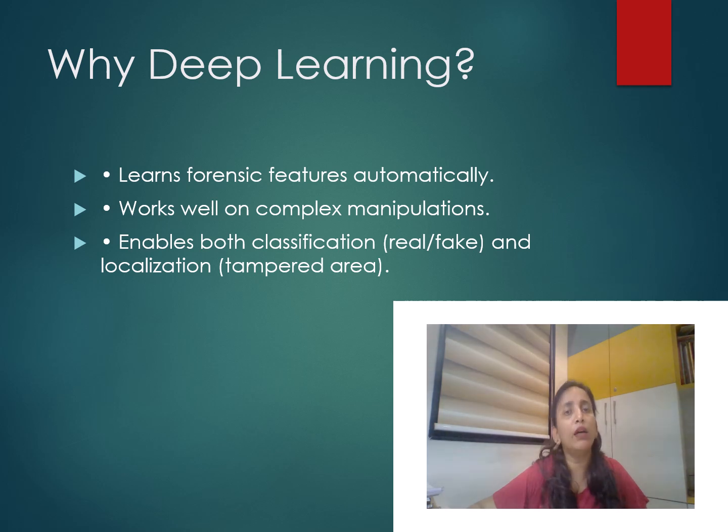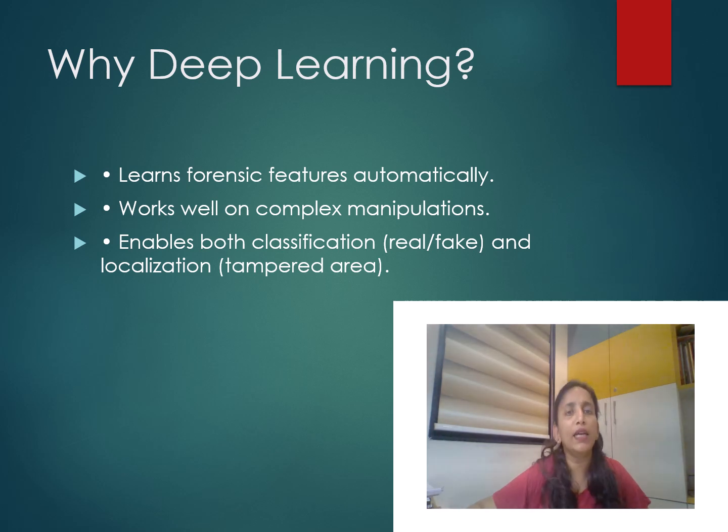For example, earlier systems tried to detect fake images by looking at the colors, tones, lighting, or noise patterns, but these methods were limited. Every time a new type of forgery appeared, those features had to be redesigned. This made traditional systems slow, rigid, and often inaccurate.